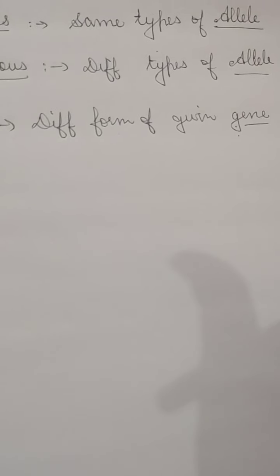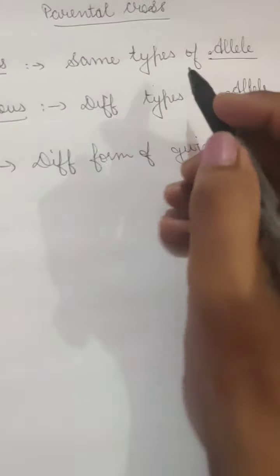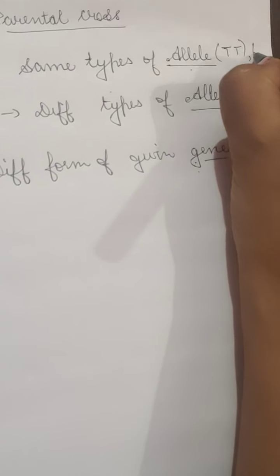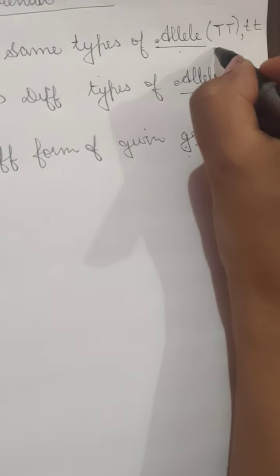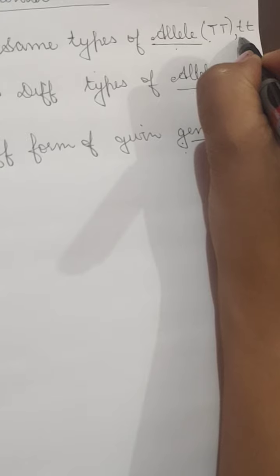Because we are studying the pea plant, in homozygous it will be the same type of allele. That means it will be either T and T, or small t and small t, where capital T represents tallness and small t represents dwarfness, which we have already done.